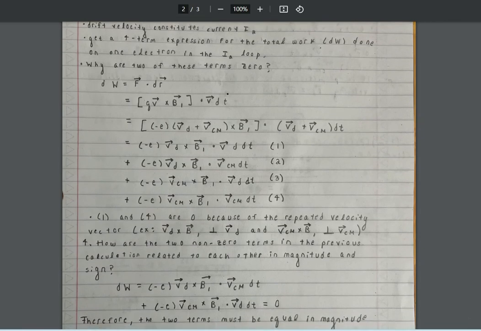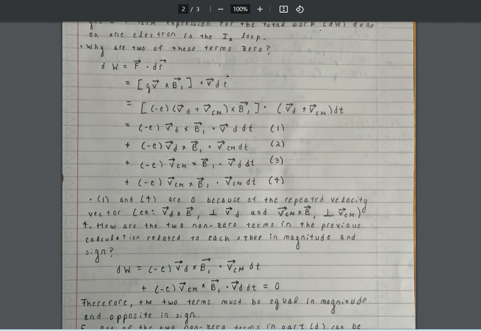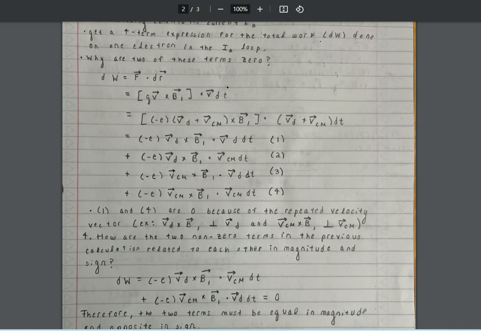So the total work we know is equal to force times dr, and so you can use the same equation we used for part 1 of this question, and we can input our velocities and our magnetic field here.